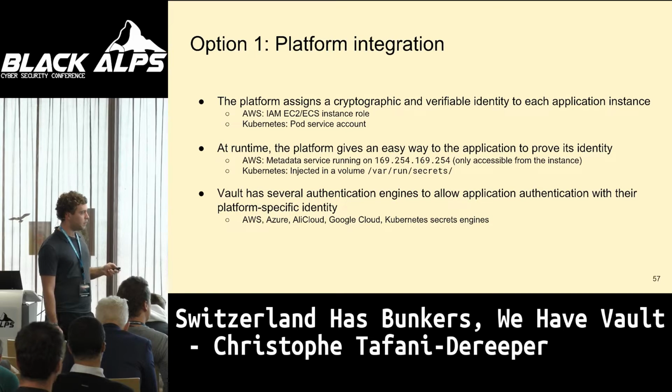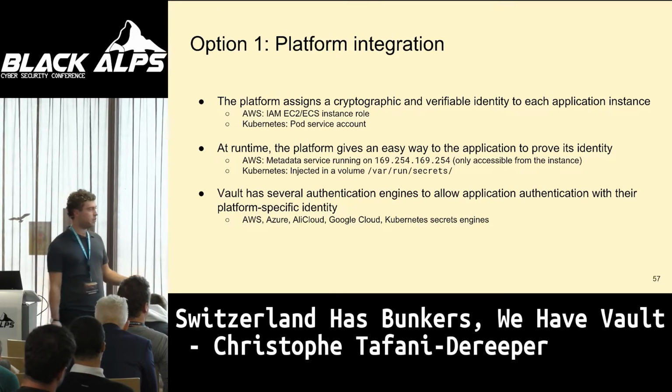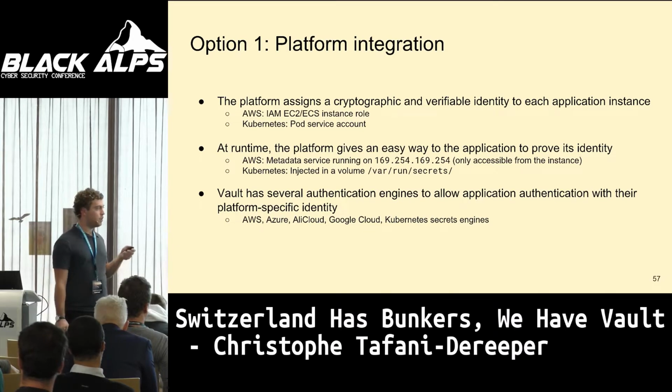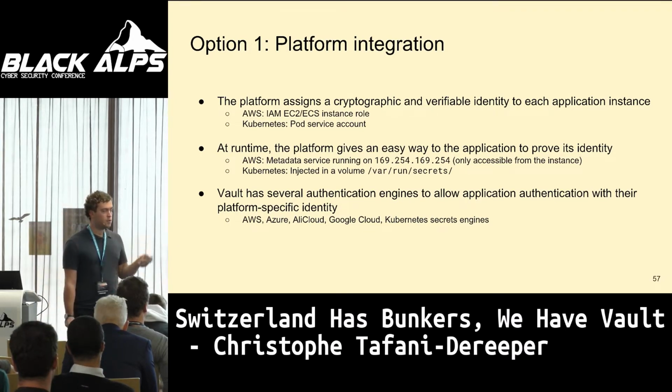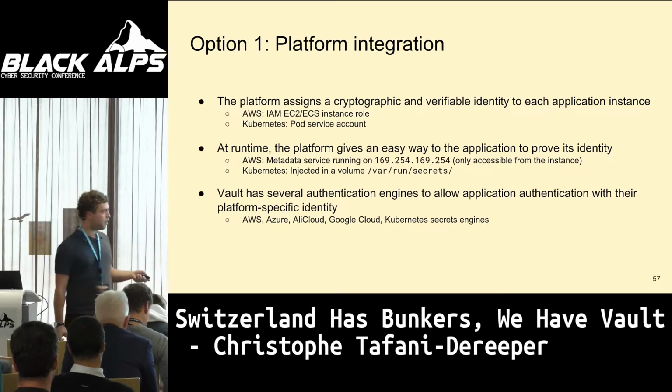And in Vault, we can have some authentication engines which allow applications to authenticate using their platform-specific identity. So typically, you're going to be able to set up IAM authentication in Vault for an application, and you're going to say maybe I want my credit card service to be able to access this kind of secrets, and then the credit card application can prove its identity in a simple way.